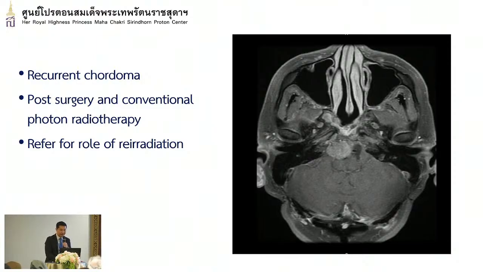This is also a case that I would like to share. It is also a cancer of the base of skull. This tumor is called chordoma. The patient received an operation and already had conventional radiotherapy, and then the tumor recurred. After that, they referred the case to us to do further radiation, which we call reirradiation. The first time, the patient received the highest dose they could at that time.